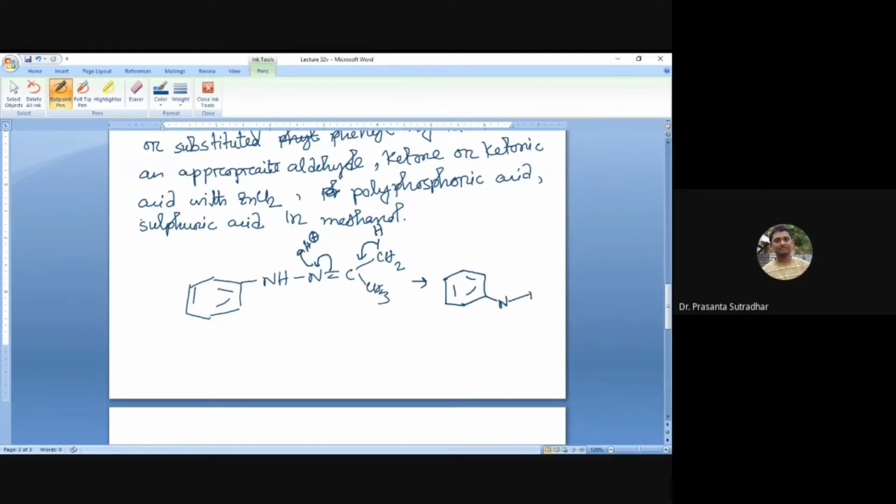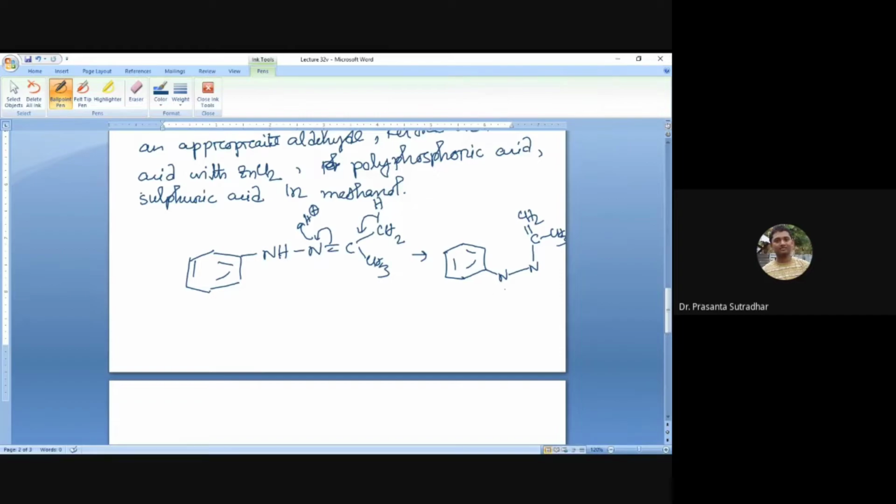So the structure is nitrogen, nitrogen, carbon, CH3 double bond CH2. With this nitrogen, there is one hydrogen and another hydrogen will come over here. That means this nitrogen will take hydrogen from this methyl group, and it will convert into this.